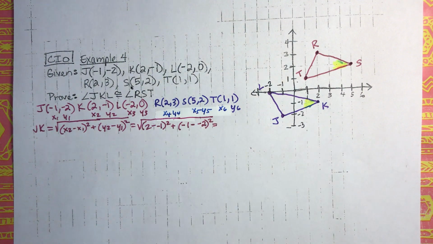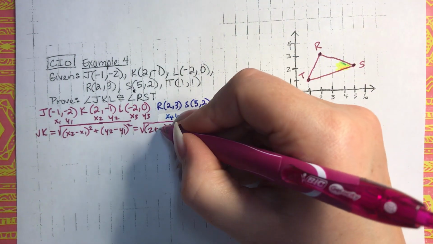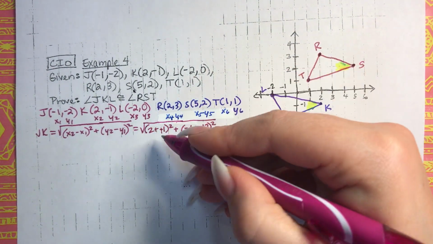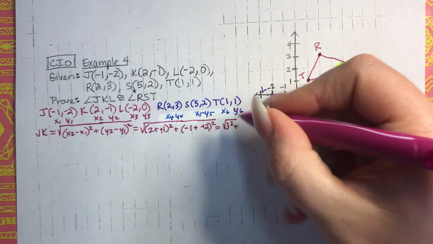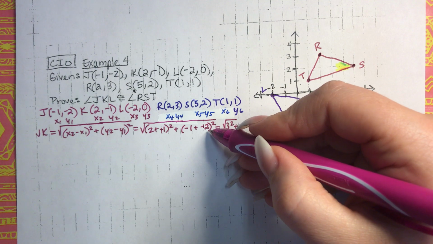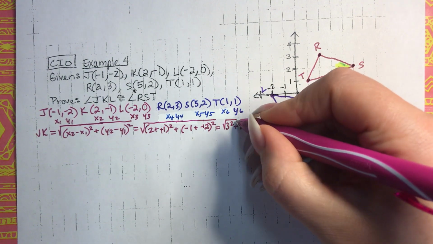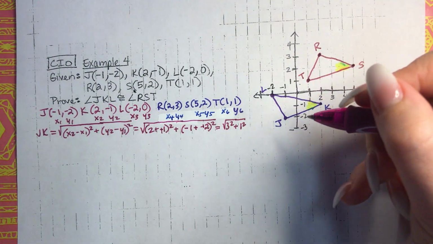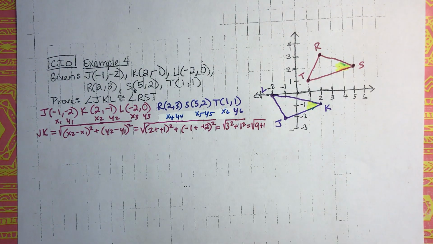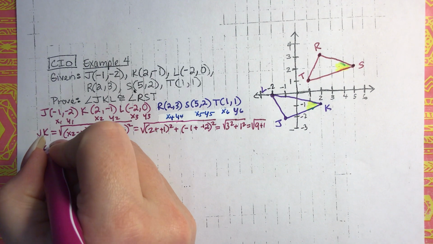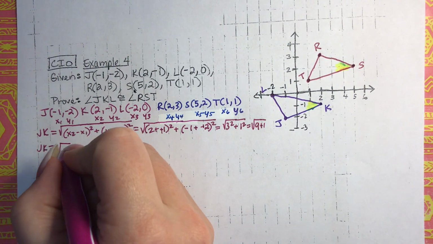Now we simplify. Those are positive. 2 plus 1 is 3. So we have 3 squared plus -1 plus 2 is 1 squared. That ends up being the square root of 9 plus 1, so JK is equal to the square root of 10.